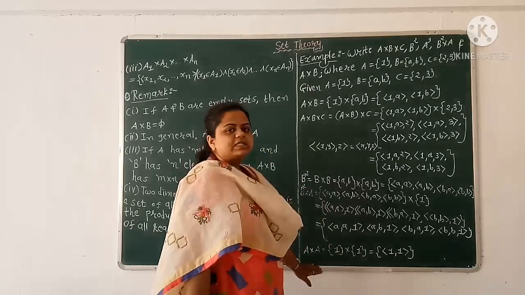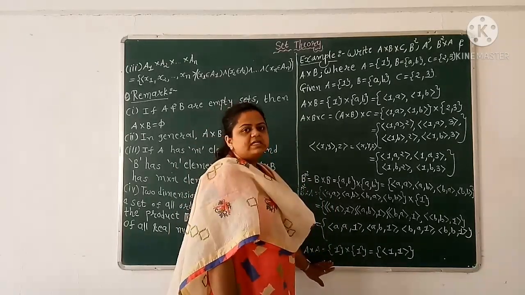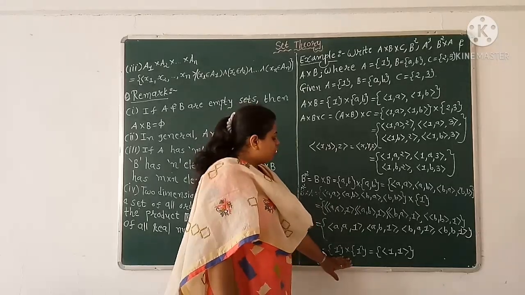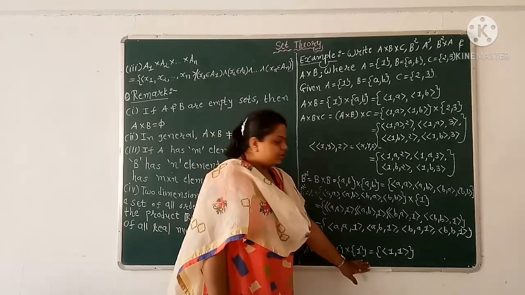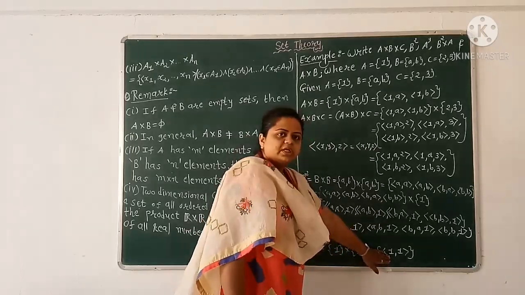Now A cross A is equal to A, that is the set {1}. So A cross A is equal to {1} cross {1}, which is equal to the set of ordered pair (1, 1).